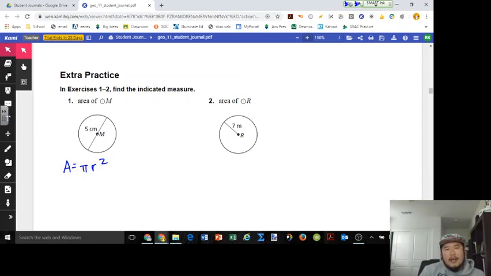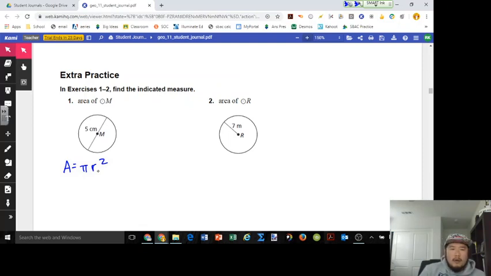They show you a line that's going through point M, and it's going from one side of the circle to the next. That should tell us that that line is the diameter. And so if that's the diameter and I need the radius, well, I can't use 2 pi r or pi times d because that's finding the circumference.